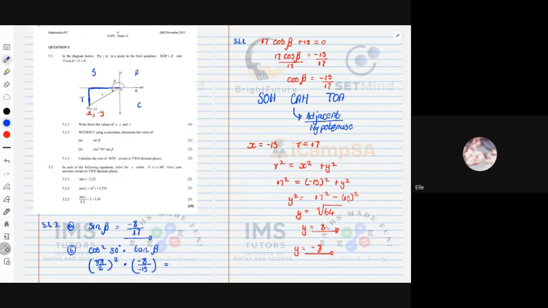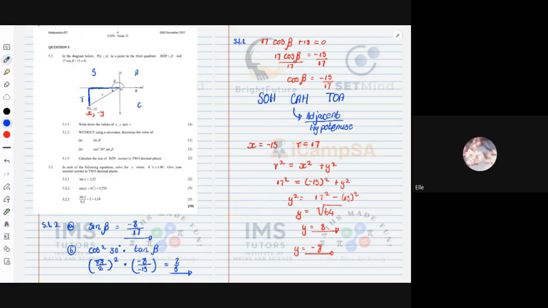So we're gonna have root 3 over 2 squared, so it's basically 3 over 4 times 8 over 15, and the answer is 2 over 5.